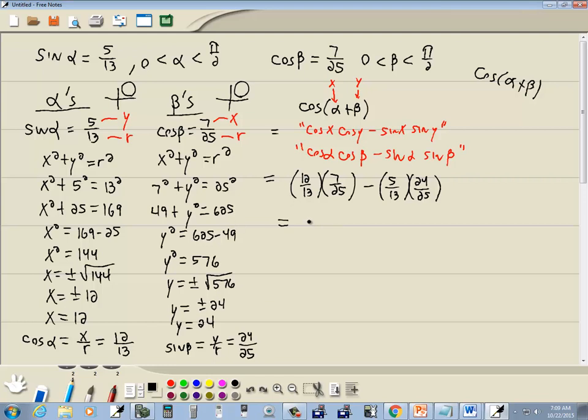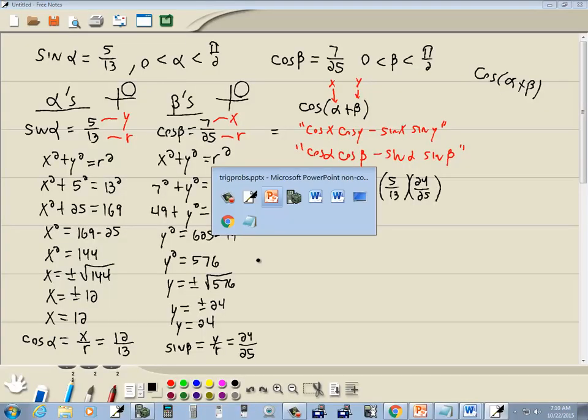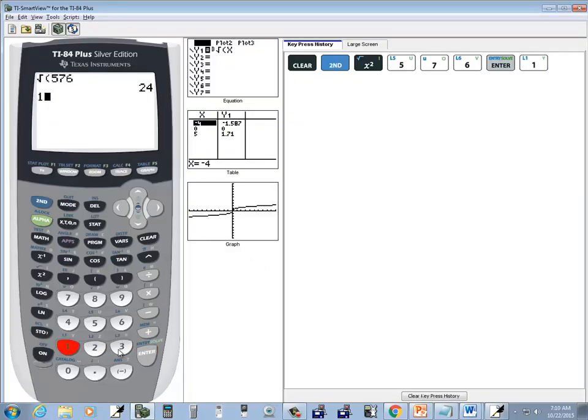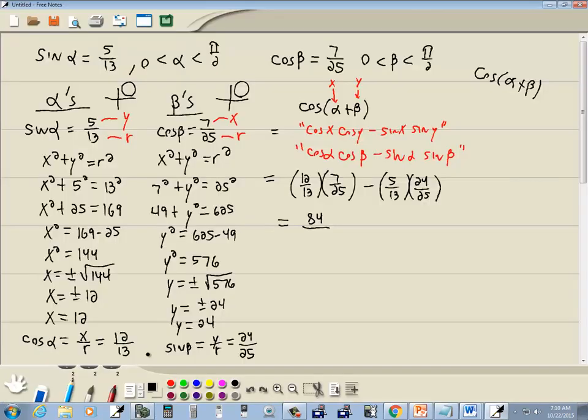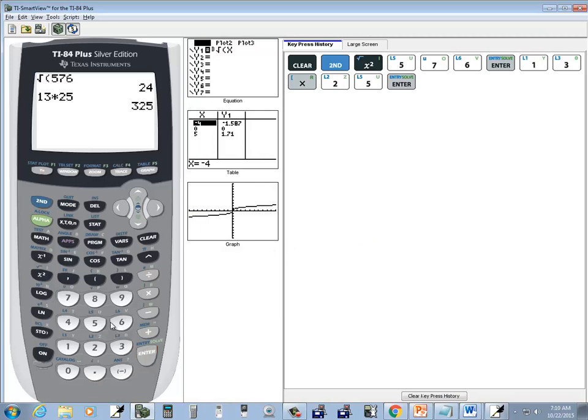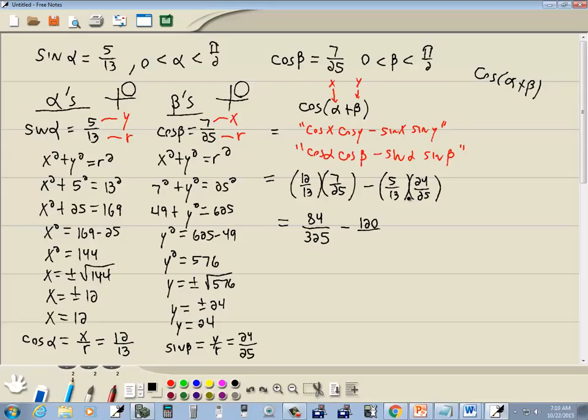So that gives us 84 over, I think 425, but let's see. 13 times 25, 325. Not very good at the basic math, I guess. We better double check that. 5 times 24, 120. And then 13 times 25, again, that's 325.